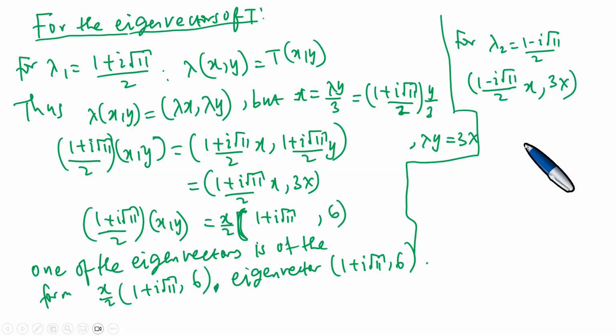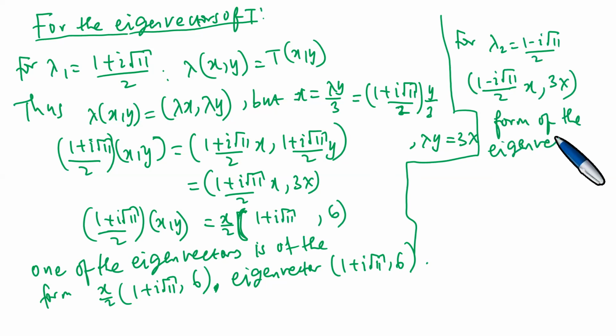So what is the eigenvector? What is the form of the eigenvector? Right, so the form of the eigenvector, it's going to become, when you pull out something of your choice, you can pull out only x, but normally we pull out the fractions, the denominator expressions.